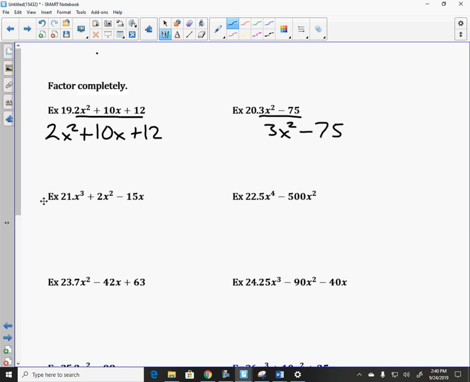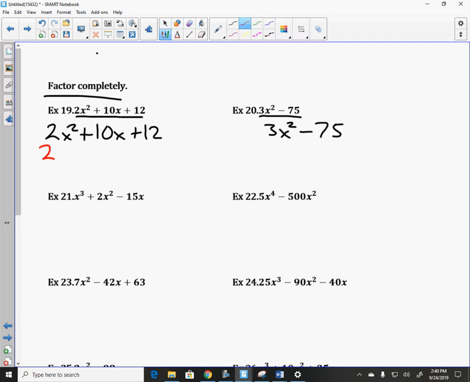So, folks, here's a chance to see where you're at, investigate a little, play around. This is factoring completely. So now we're not saying factor trinomial. We're not saying greatest common factor. We're not saying difference of two squares. But every time it says factor, we always start with greatest common factor. Always start there. What can you take out of all of these?